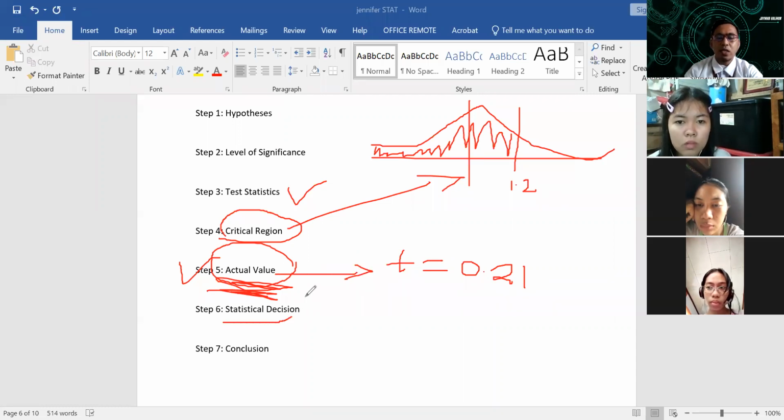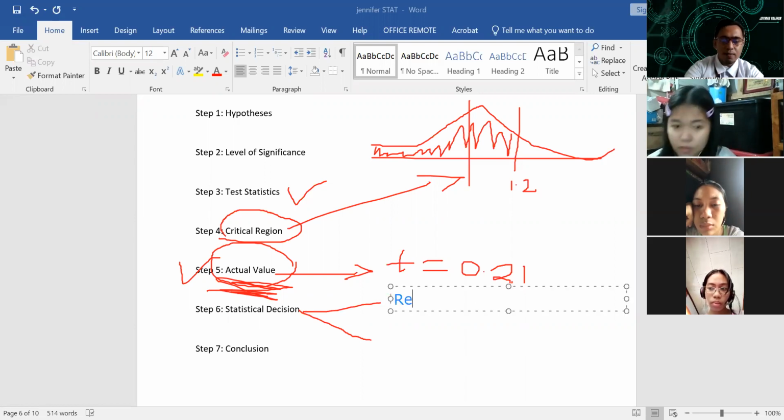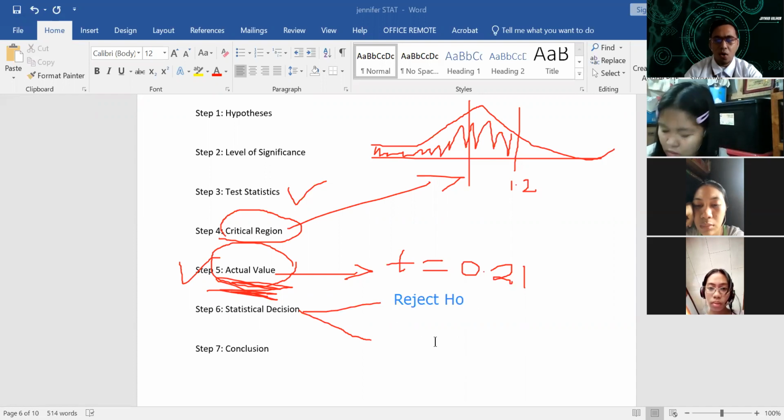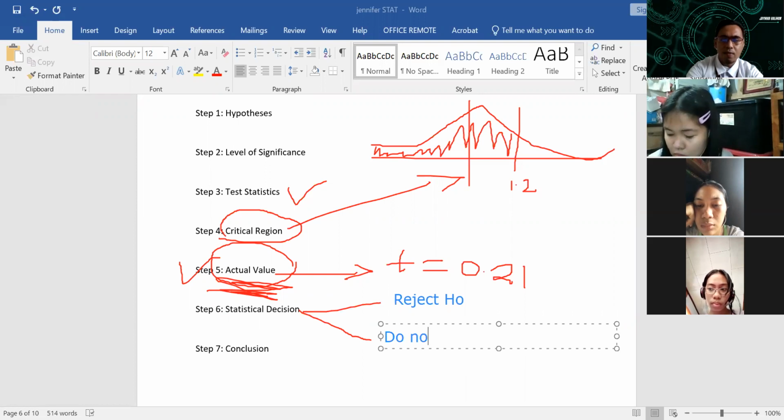In getting your statistical decision, there are two possible statistical decisions that you may arrive at. The first is that you reject the null hypothesis, or the other is that you do not reject the null hypothesis.